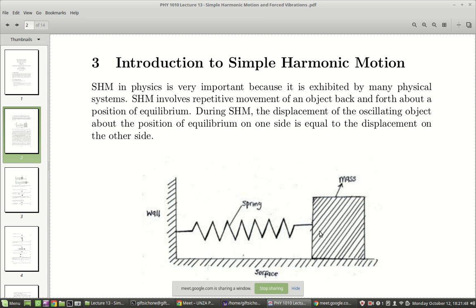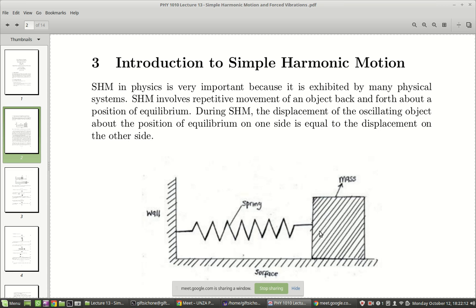However, if you try to extend the spring by pulling the mass, or you try to compress it by pushing the mass, then you let go, the mass will start moving back and forth. The spring will push the mass, it will go beyond the equilibrium position, then it will pull the mass, and it will go beyond the equilibrium position again.